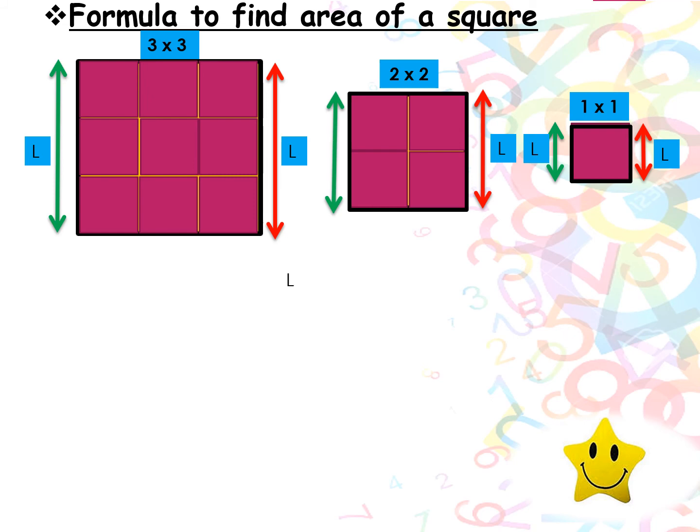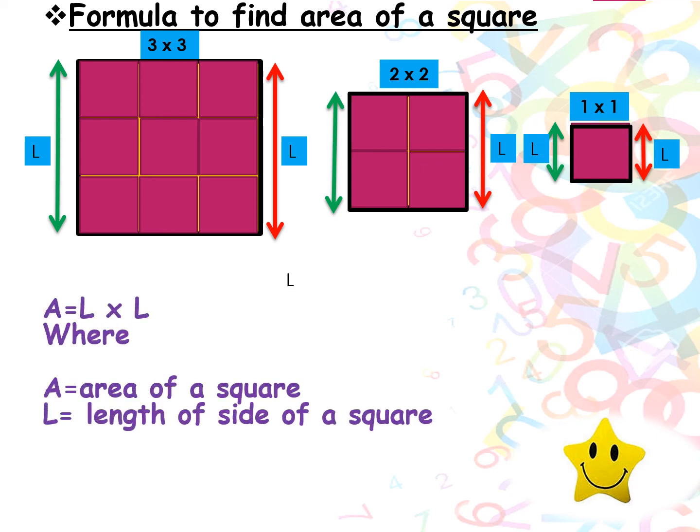Now, let's find the area in smarter way. And the smarter way is called formula. So, let's calculate area of a square in the first shape to the right. There is 1 square unit. In the second shape, there are 4. In the third shape, 9 square units. Now you can notice the pattern: every time we multiply unit on left side with unit on right side.